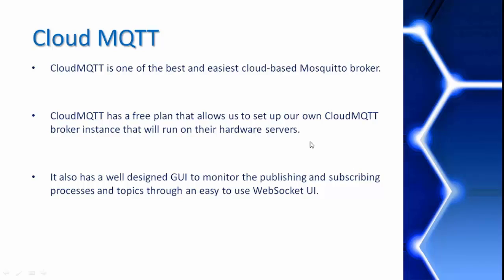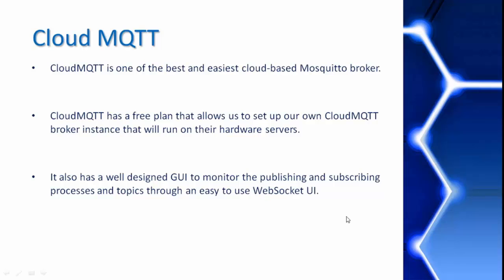CloudMQTT has a free plan that allows us to set up our own CloudMQTT broker instance. That instance will run on their hardware server. It also has a well-designed GUI to monitor the publishing and subscribing process and topics through an easy-to-use WebSocket UI.